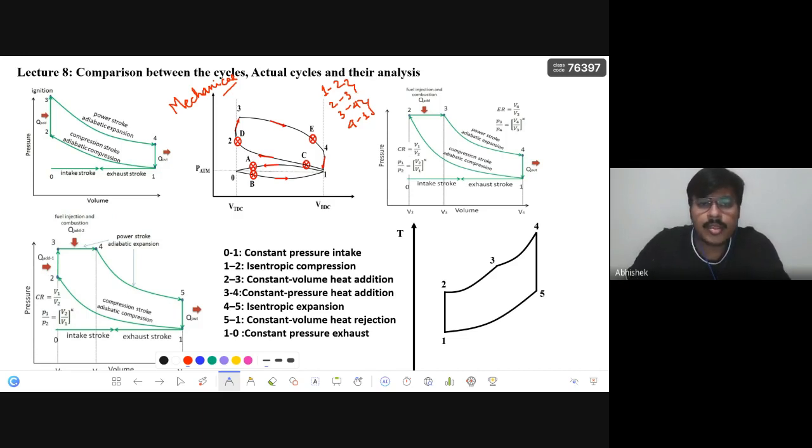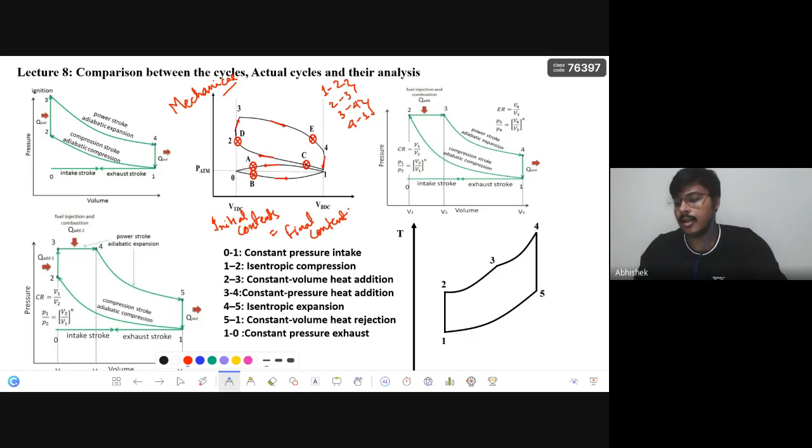But a major difference between a thermodynamic cycle and a mechanical cycle is that in a thermodynamic cycle the initial contents or constituents should be the same as the final contents or constituents. But in general, when there is combustion, let us say we use a hydrocarbon CxHy, and we give that hydrocarbon with a certain amount of air.